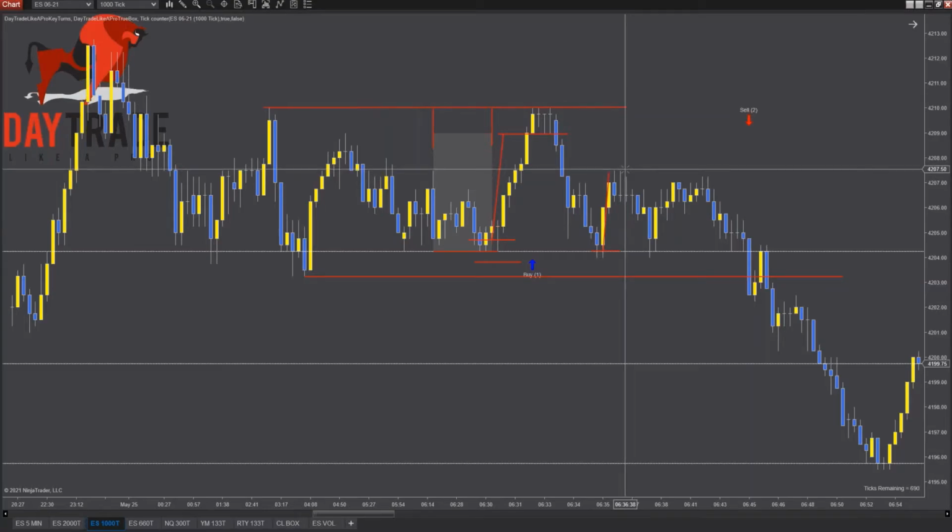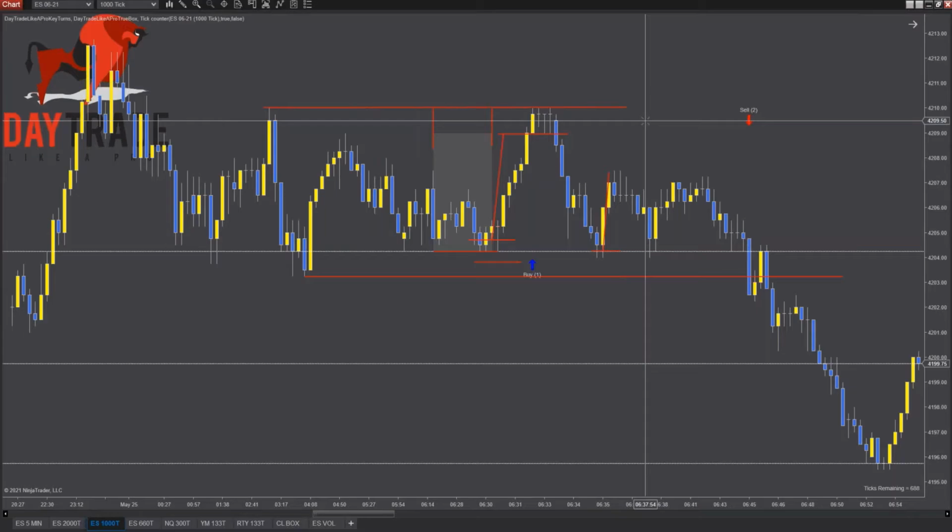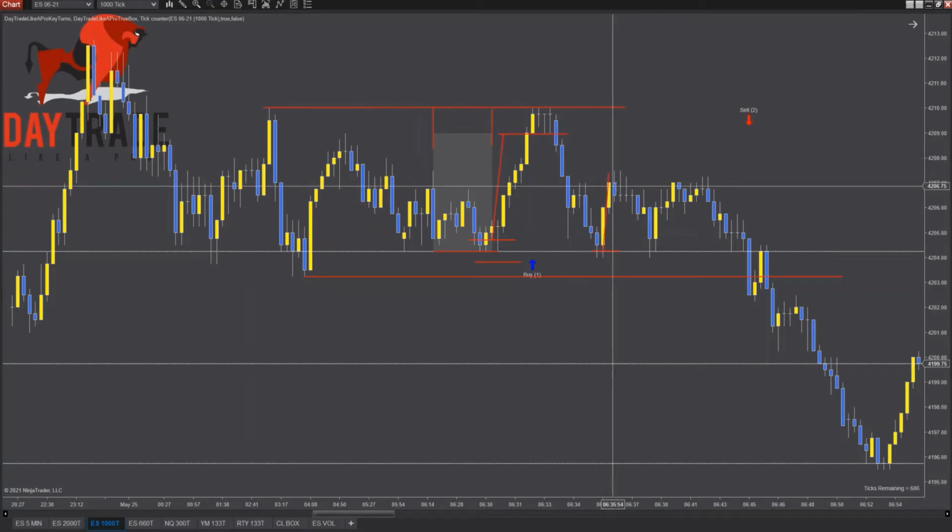If it doesn't keep running, there's no reason to keep it other than you think it's going to come back and keep running and then you're going to miss it. But there's no really valid reason from a standpoint of how the box works, and especially on something like this where we're scalping it. It came back about halfway to the box, to the midpoint or so, and that was it. It just died out. There's no reason to keep it.